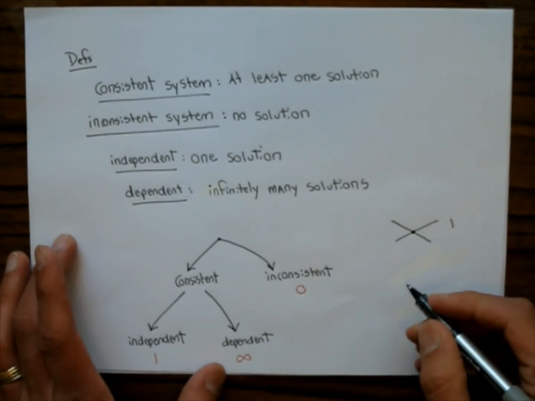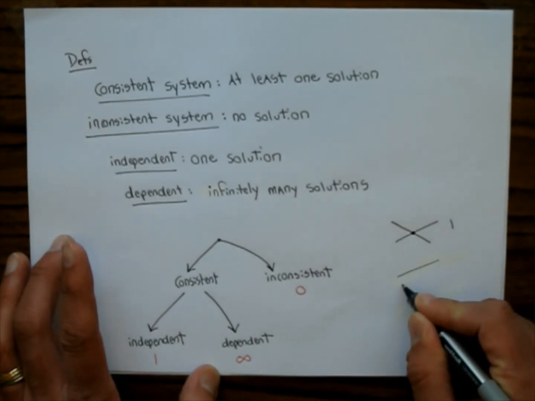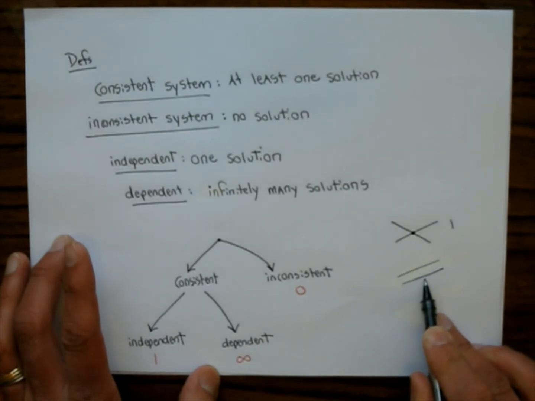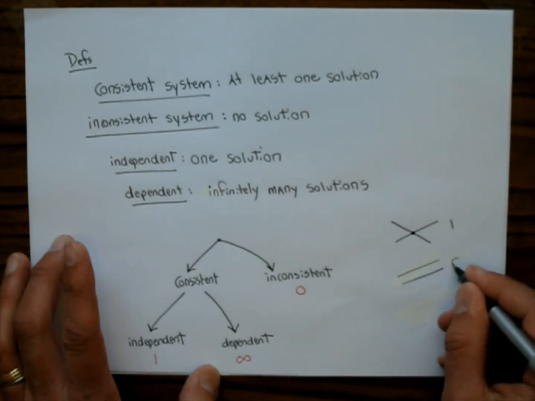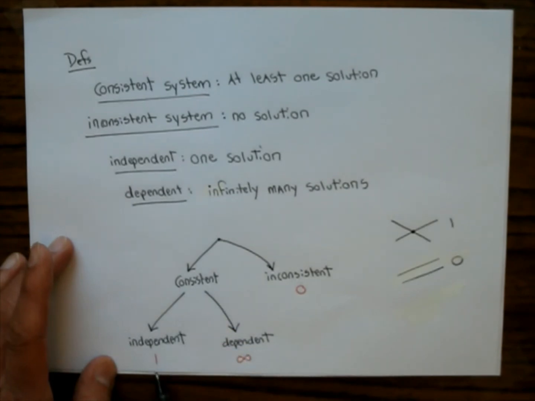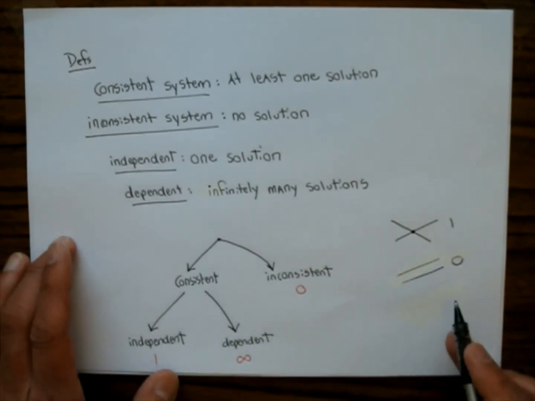If you end up having parallel lines, those parallel lines actually have no points in common, so this is no solution, and that's an inconsistent thing. So when they meet in one place, like we have here. When they don't meet, they're inconsistent, they're parallel lines.